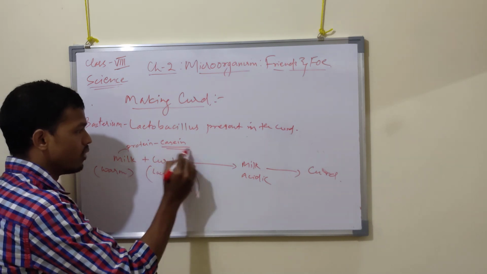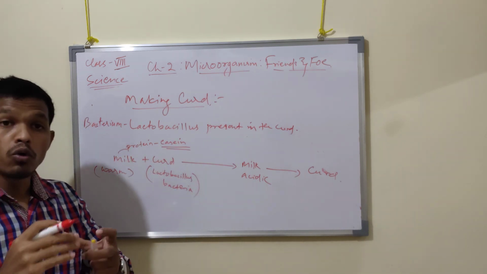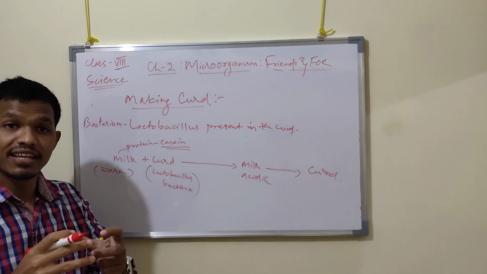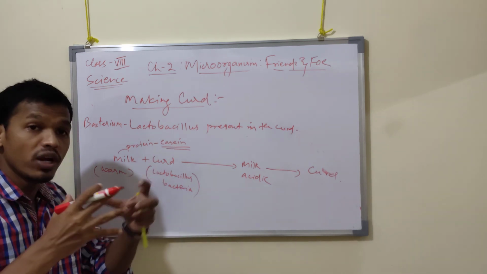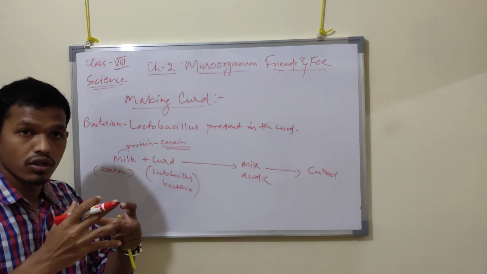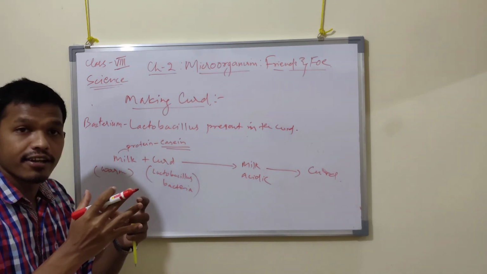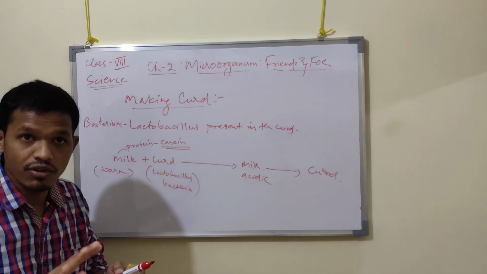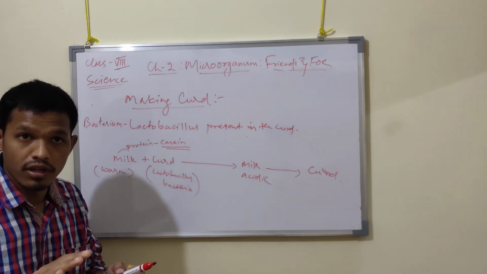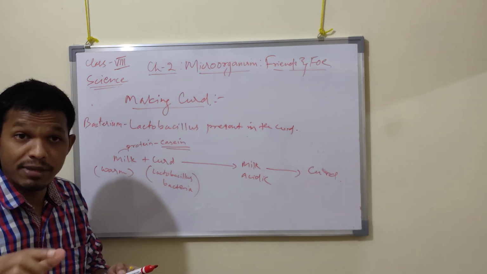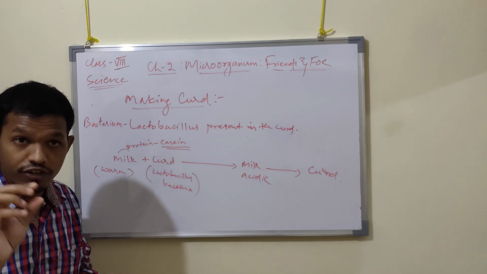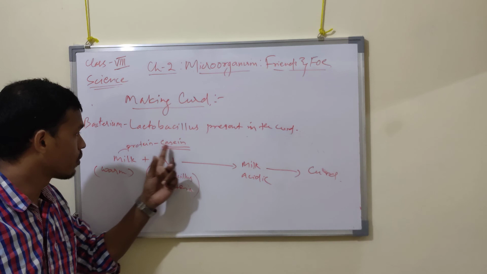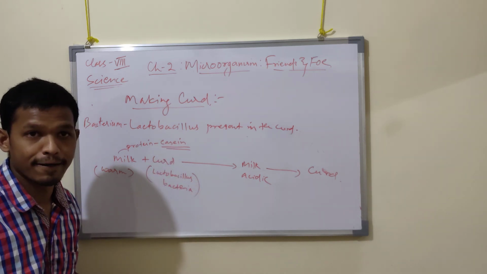This casein helps in coagulation of the milk into a solidified form. Milk is in water form, liquid form, and it converts to semi-liquid. In the semi-liquid you will find some solidified form, due to the presence of this protein called casein in the milk.